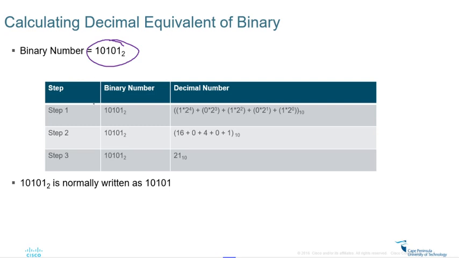The way you work it out, you follow these steps. Step 1 is to write out the binary number, which is base 2, so that's why there's a 2 at the bottom. This is the calculation you would use, and it's just normal calculation, without using the binary table.